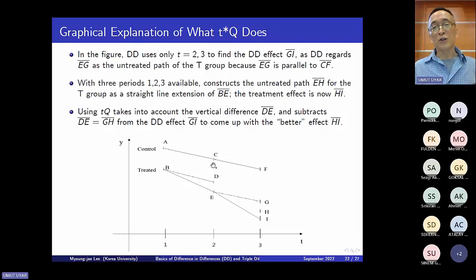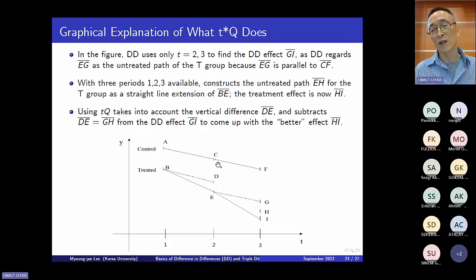If you use just DD over periods 2 and 3, since the control group path is this and the treatment group path is this, you will be presuming that without treatment, the treated group path will look like this.